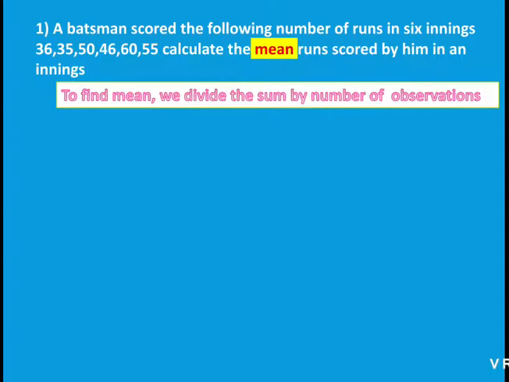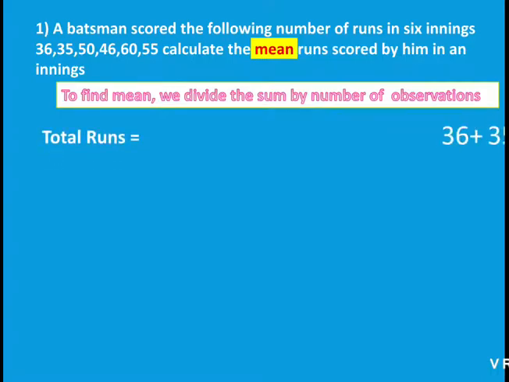First we find the sum of the observations. The given data is the observation. Here the observations are 6 innings. The runs in 6 innings are the observations. So first we find the sum of the given observations.